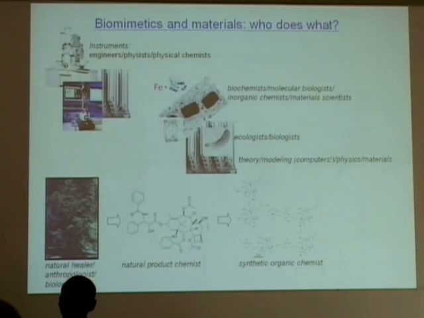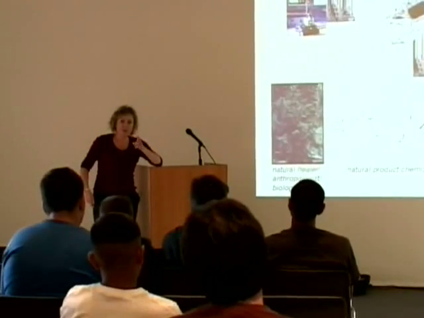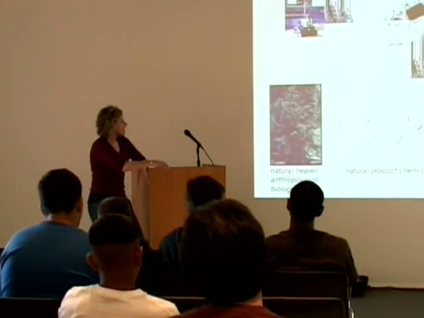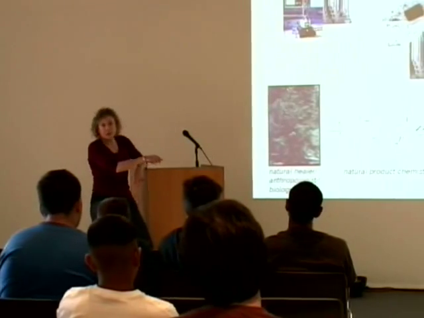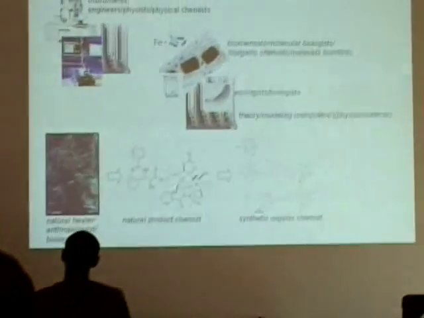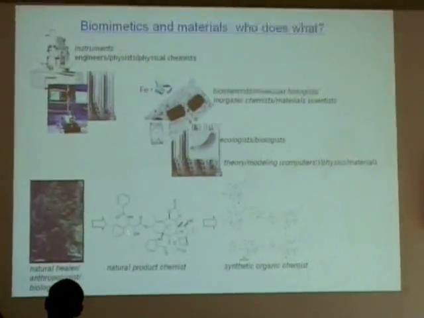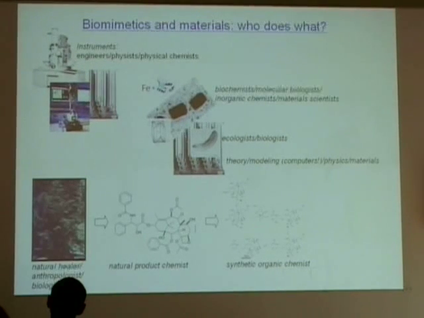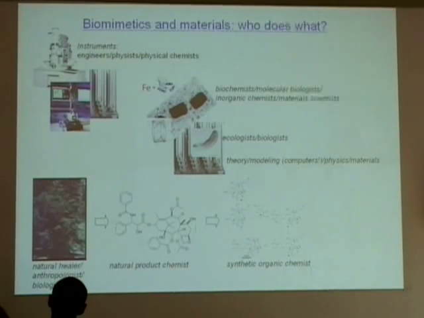And they said, oh, fraction 12 cures cancer. Let's figure out what fraction 12 looks like. And those natural product chemists figured out that this molecule called Taxol, which was one of our best defenses and treatments for cancer, looks like this. And that's what a natural product chemist does.